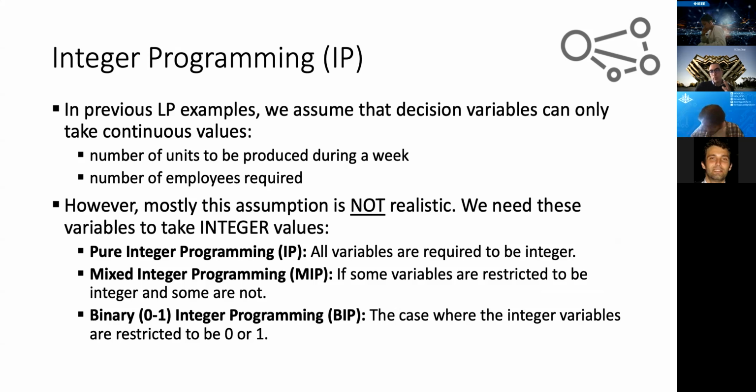Pure integer programming, if we need to restrict all decision variables to take integer values. In mixed integer programming, some variables can take continuous values, but for some we need to restrict them to integer values. And we can also have binary integer programming, where integer variables are restricted to 0 or 1 binary values, all right?